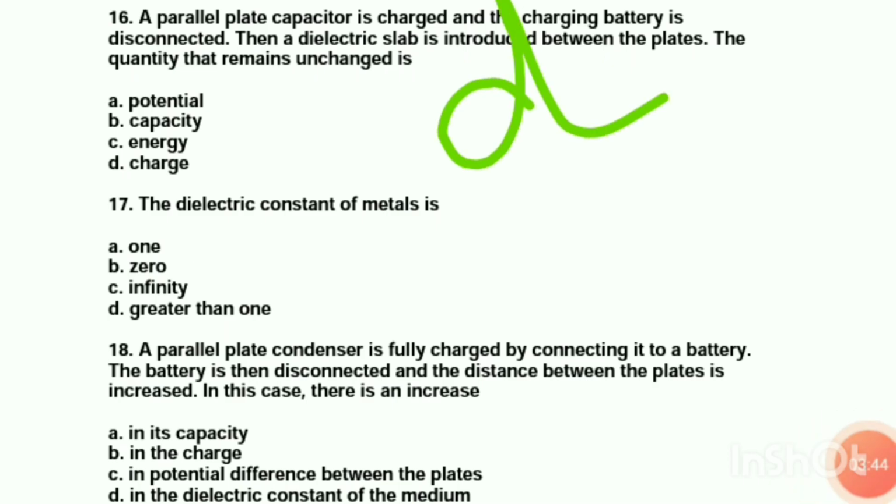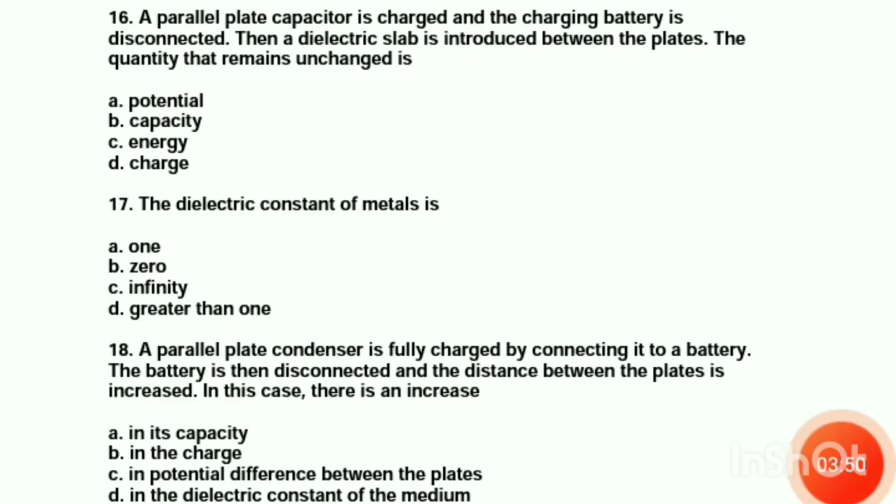D தான். அடுத்து the dielectric constant of metal is infinity. C தான். அடுத்து a parallel plate condenser is fully charged by connecting it to a battery. The battery is then disconnected and the distance between the plates is increased. In this case there is an increase in potential difference between the plates. C தான்.